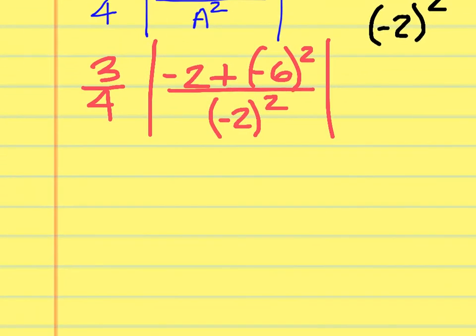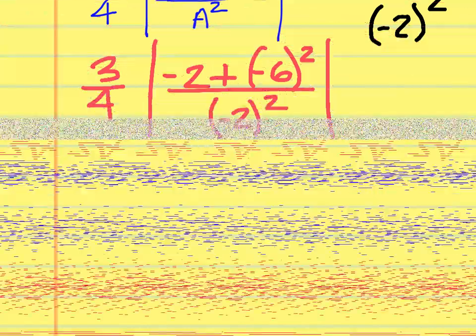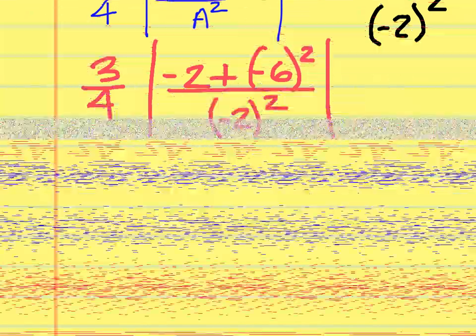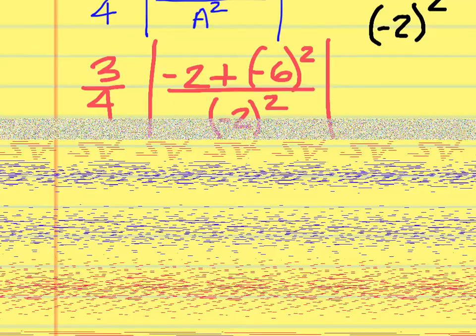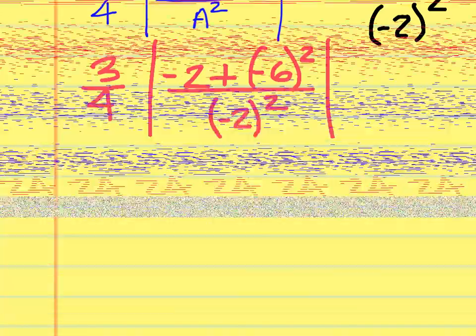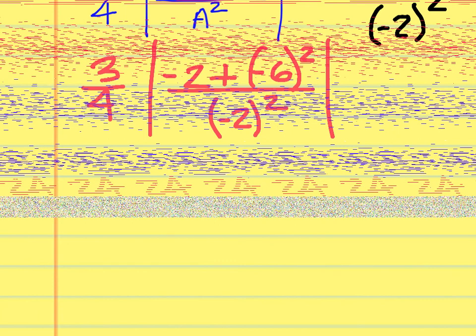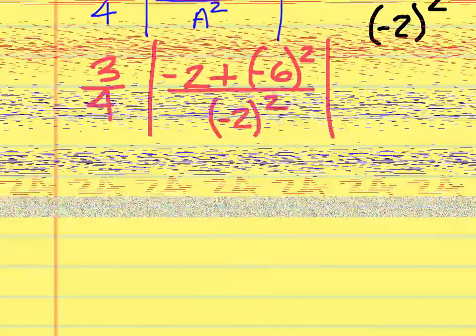So whatever the case, you're going to go back through it here and simplify. This is -2, and this would be a +36. So you're going to get a 34 out of there. And then on the bottom, you're going to come up with a +4.